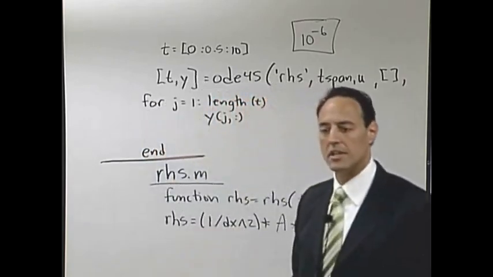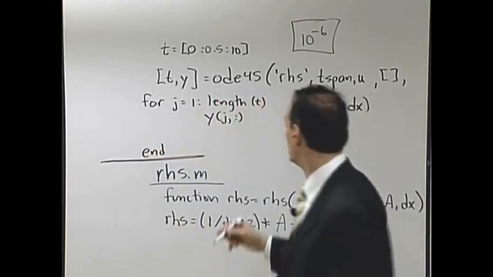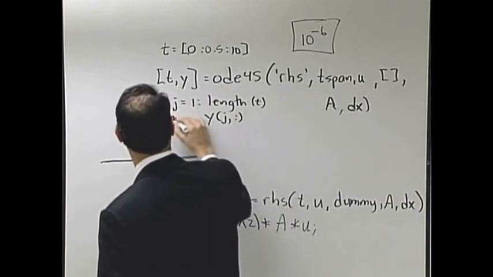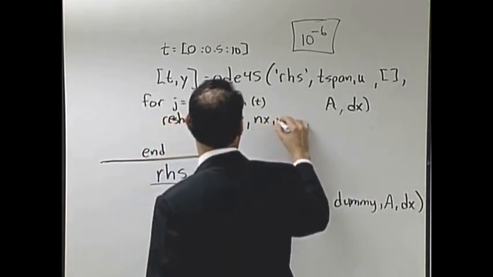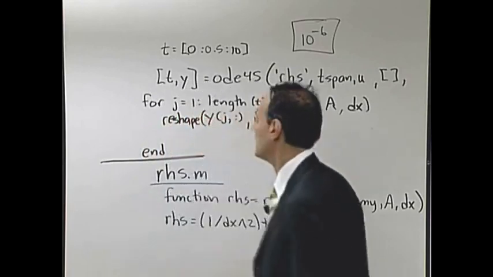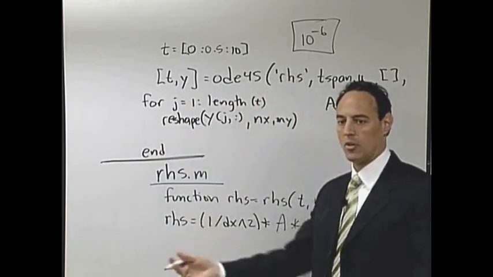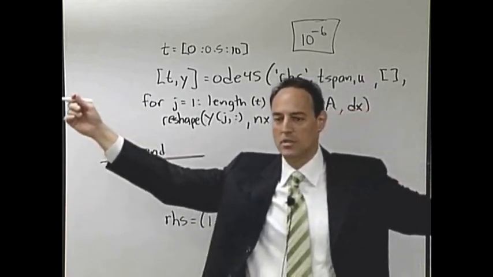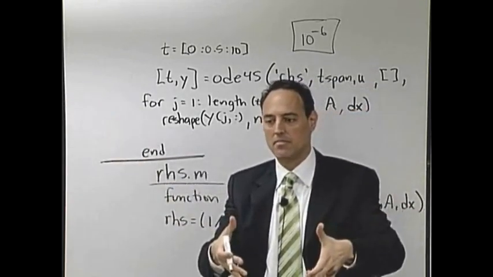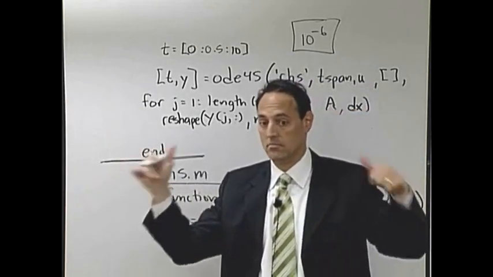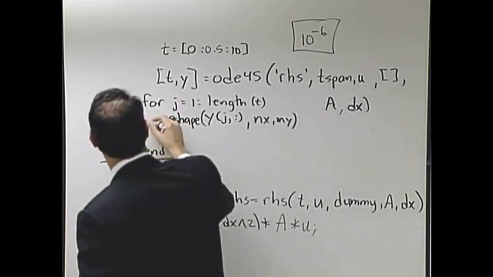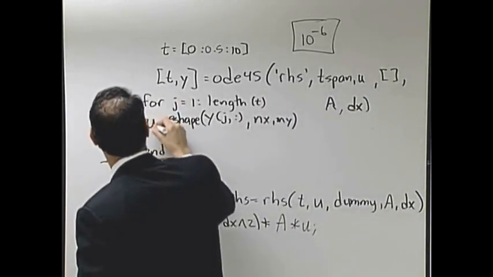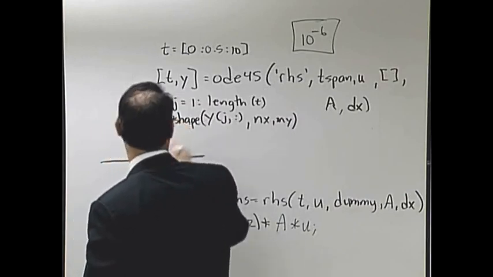What I want to do with this is reshape it back. So you can say, let's reshape it back into an nx by ny. So I grab the row out, 10,000 points, and I reshape it back to a 100 by 100. Let's call that u again now.